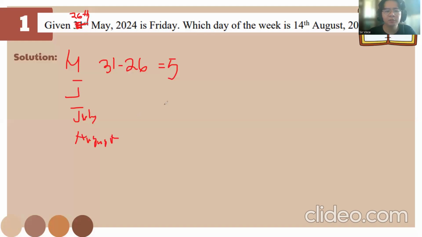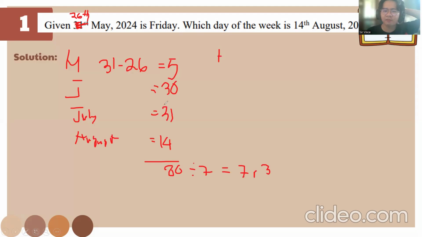So June will have 30, we'll have 31, and we'll have 14. If we add them all, 80, then divide by 7, we'll have 7 remainder of 3.